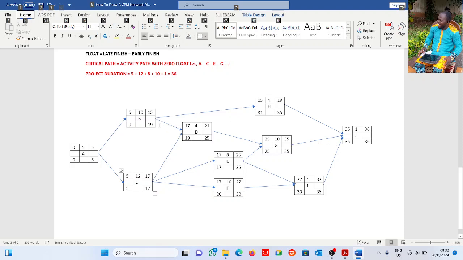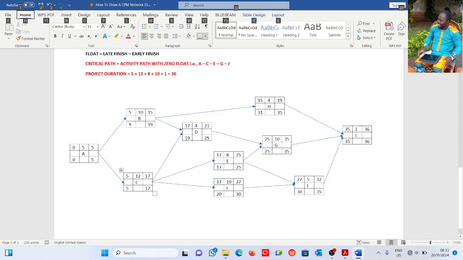Now let's try something else. 9 minus 5 is 4, 19 minus 15 is 4. It is not critical. It simply means we still have either 4 months or 4 weeks or 4 days that this activity can be delayed without affecting the project duration of 36 weeks or 36 days or 36 months, as the case may be. Now let's see this one. 19 minus 17, that's 2. 25 minus 21, that is 4.